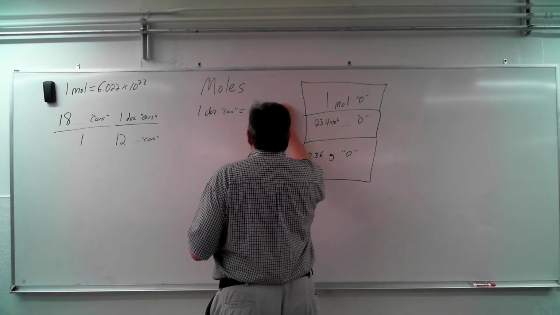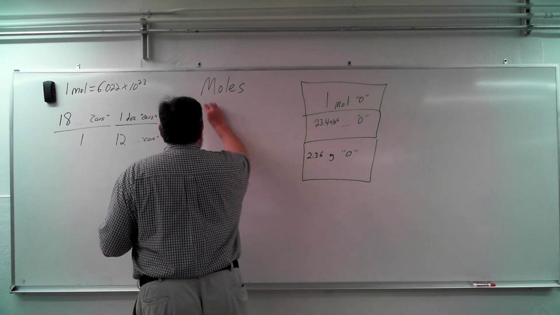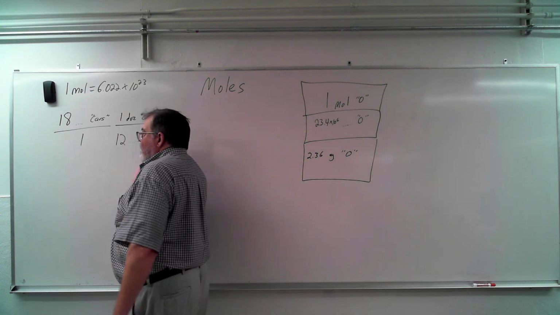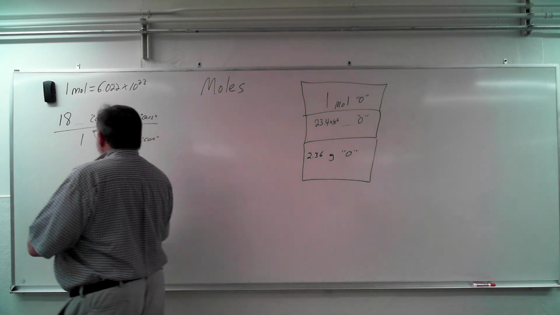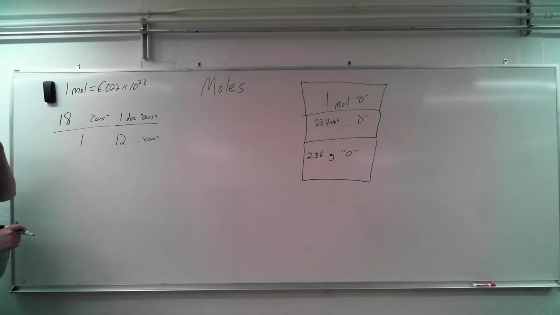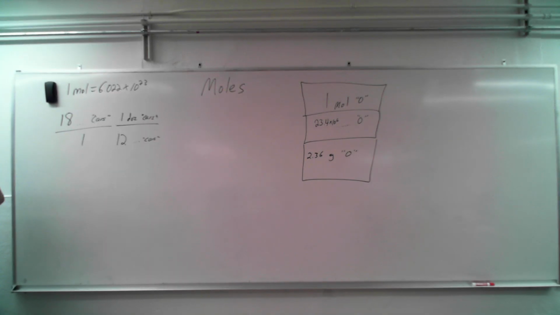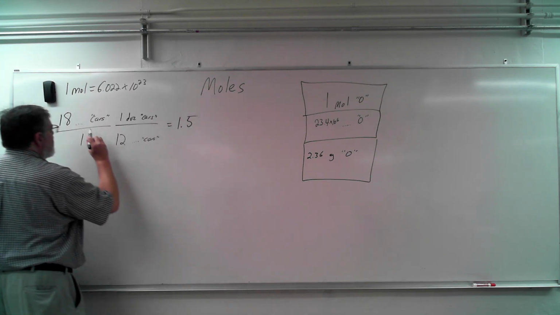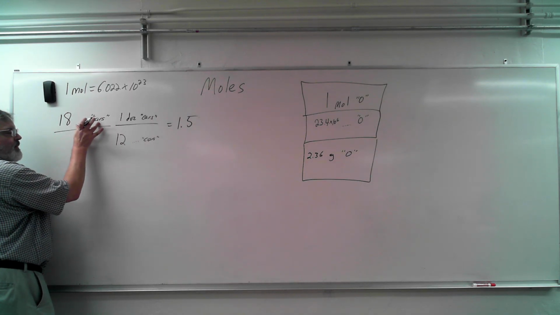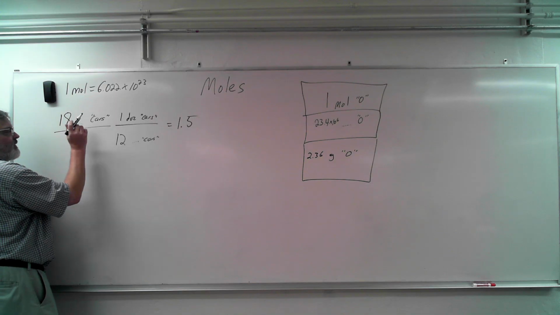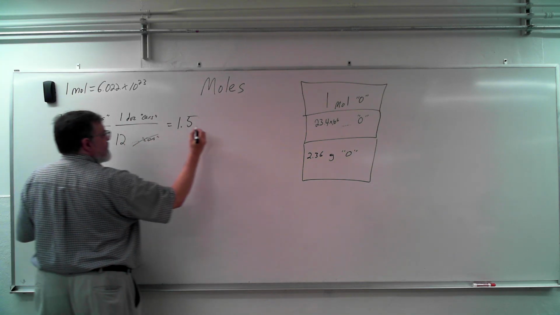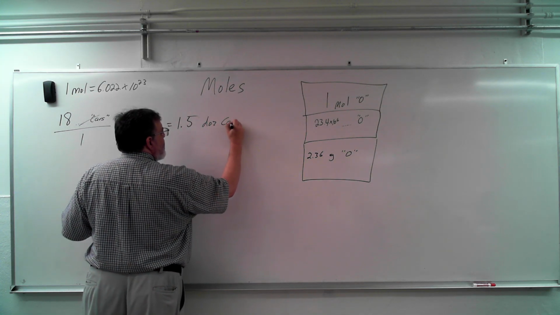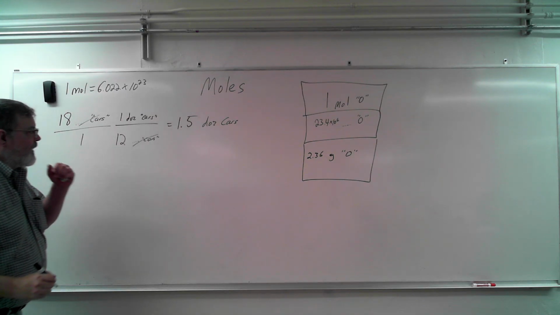The other way around, this equals 1.5. The unit always goes with the label, even if it's a blank. So that cancels that, and we end up in dozens. So that's one way you might get this problem.